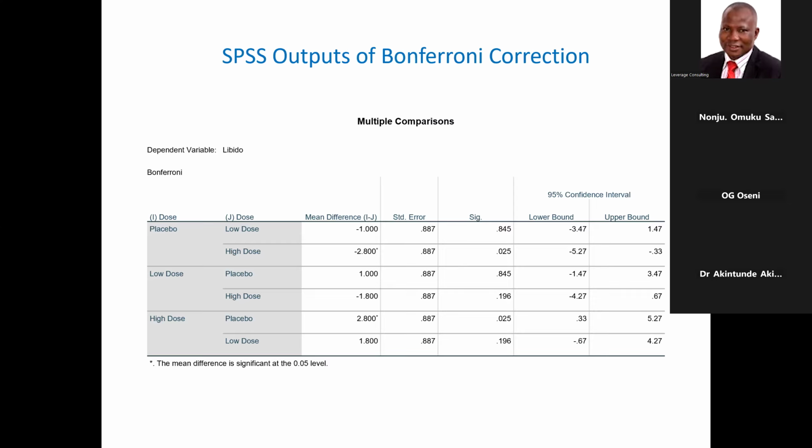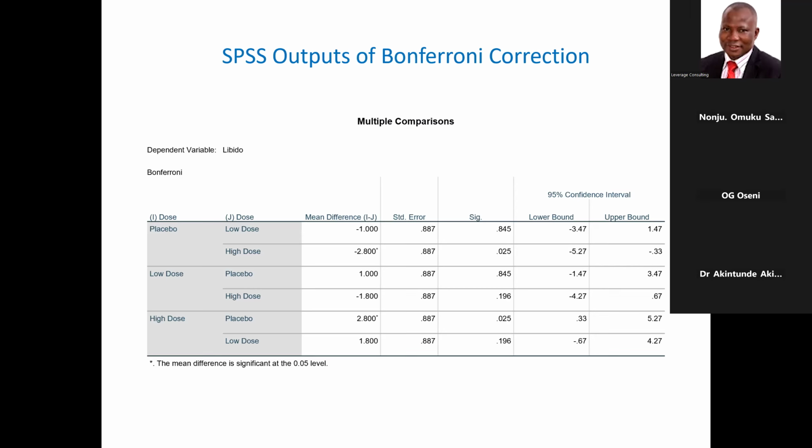And the reason is because the computer is not a human being, you have to program it. So there's redundancy. For example, placebo with low dose is the same thing as low dose with placebo.